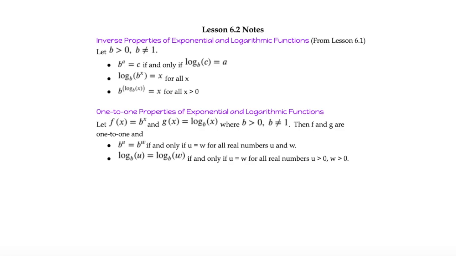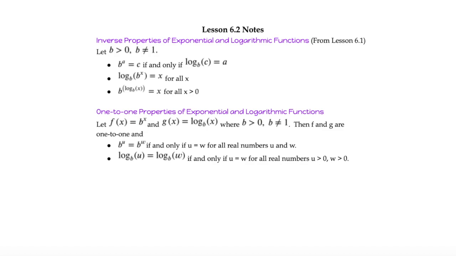The second and third bullets were other properties for how we can rewrite when we have bases that are the same when we're simplifying. We also learned from the graph of our functions that they were both one-to-one, and because they are one-to-one, we are able to find their inverses, which of course are the functions themselves.